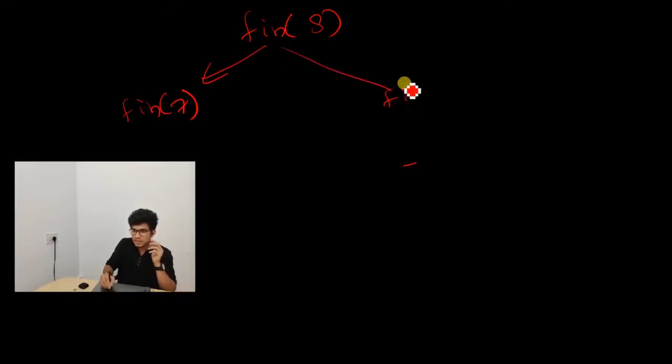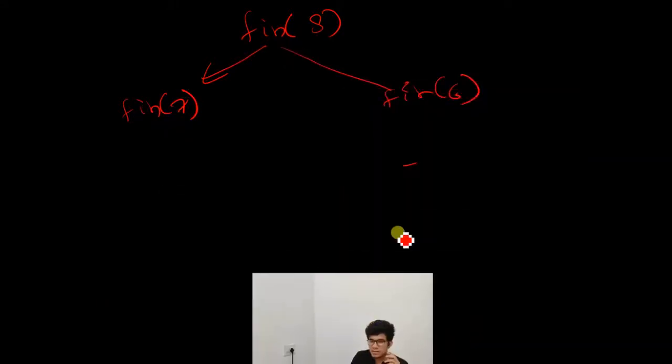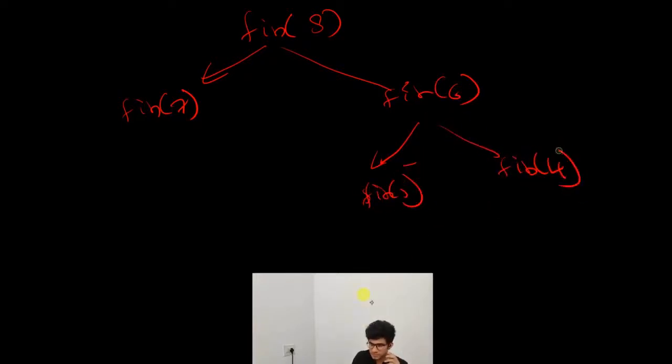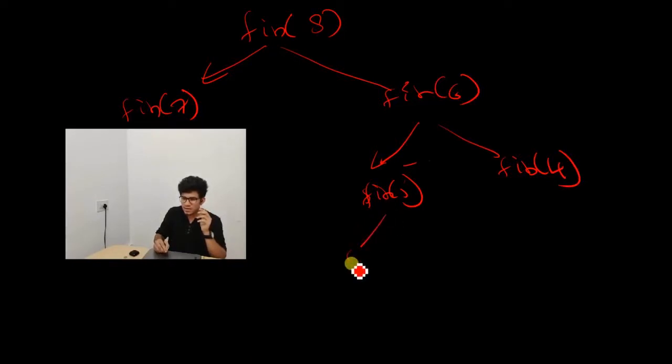So for example, if I ask for fib of, let's say, 8. What is fib of 8? Fib of 8 is nothing but fib of 7, and we need fib of 6. But what is fib of 6? We need fib of 5 and fib of 4. What is fib of 5? Fib of 4, and we need fib of 3.